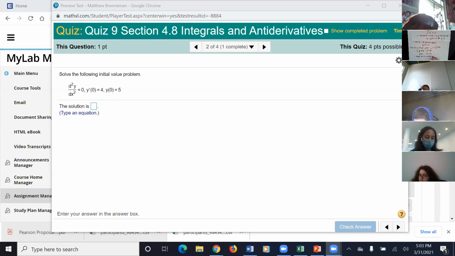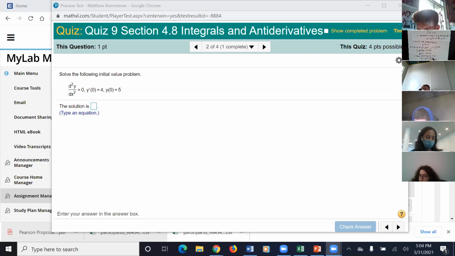And this time we're going to use the initial condition on just y. So on the one hand, we're given that y of 0 is 5. And you can write down whatever it is for you. On the other hand, if I plug 0 into here, I know that y of 0 is equal to c2.